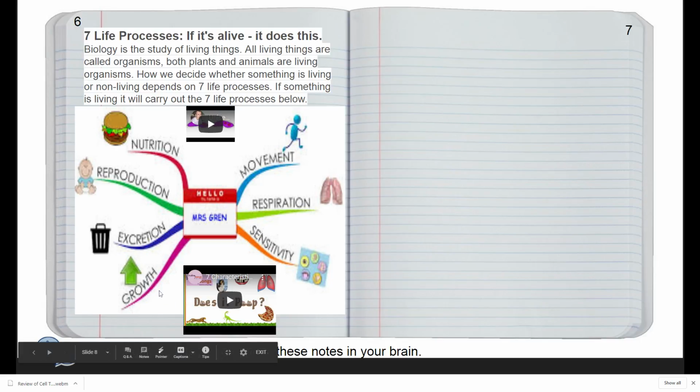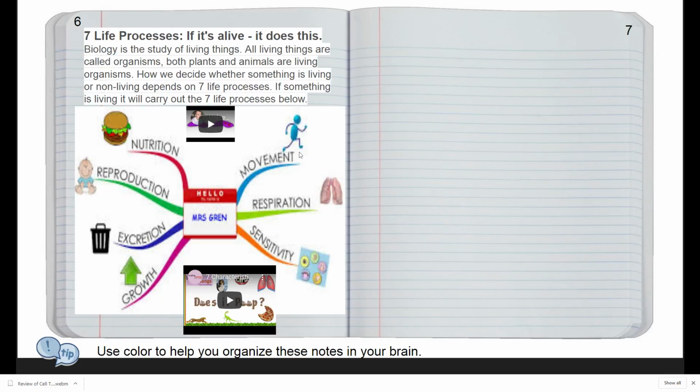Another life process is growth. We know that plants and animals will grow as they take in those nutrients, and it's part of the life cycle of the organism. Movement is another process by which we can determine if something is alive or not.